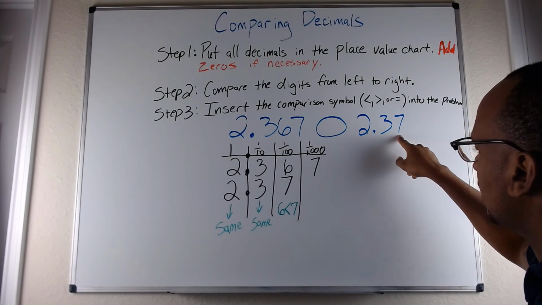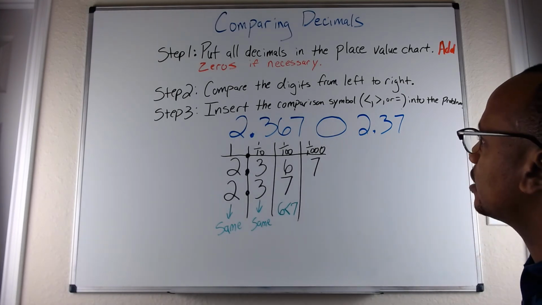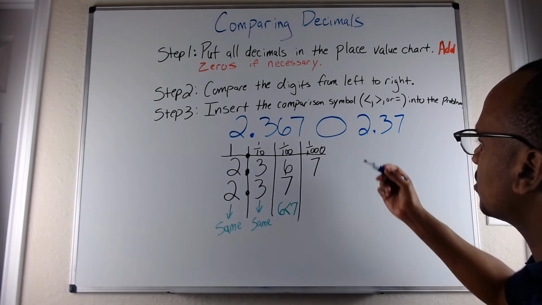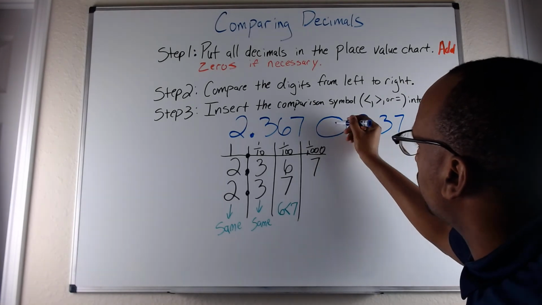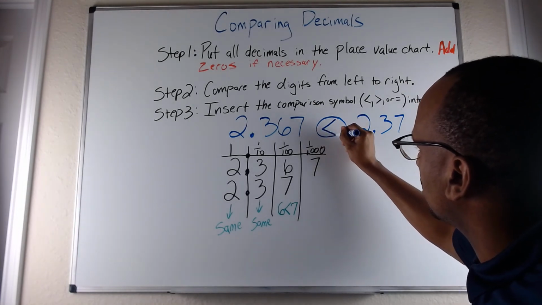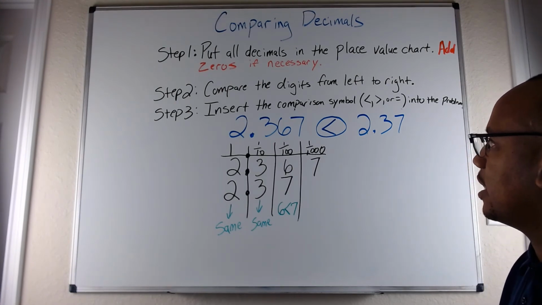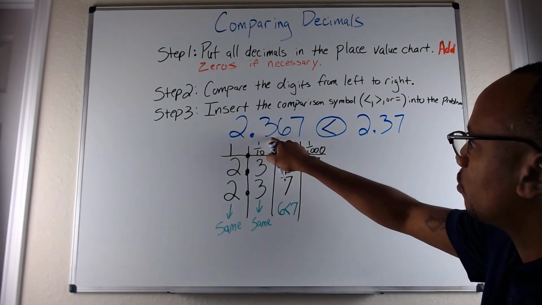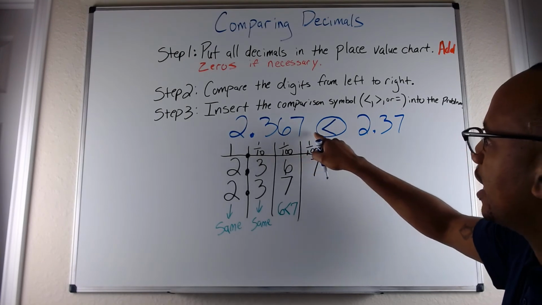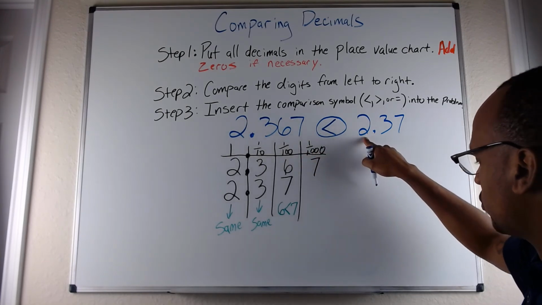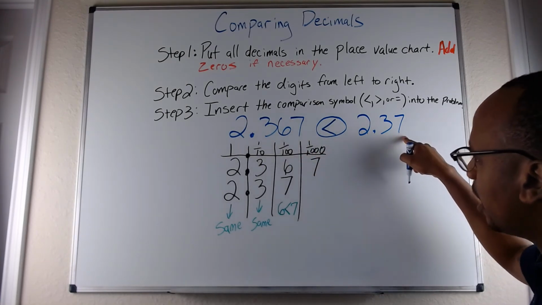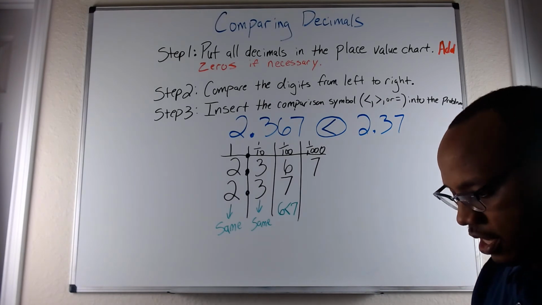This is a 7 in the hundredths place, which means my comparison symbol should open towards the 7, which also means that this is read 2 and 367 thousandths is less than 2 and 37 hundredths, right?